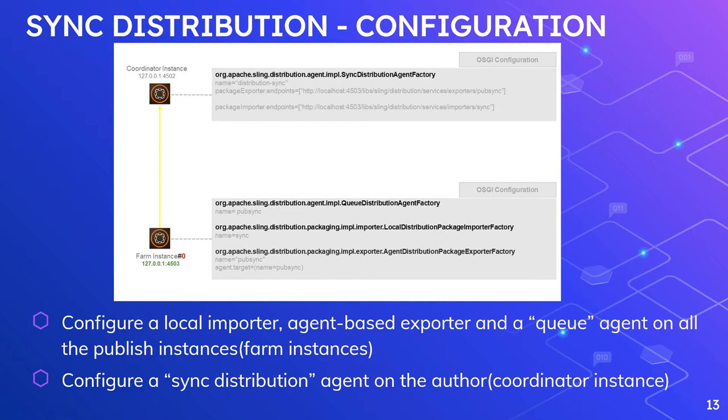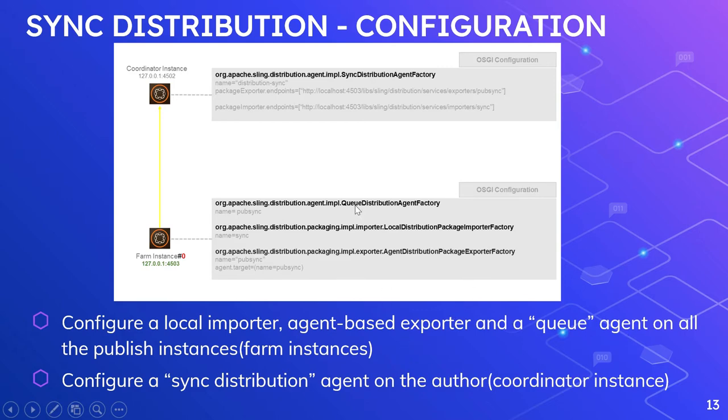Then we should be configuring an agent based exporter to export the local changes to the agent queue. Then we should be configuring a queue agent. This is the one that will store the data that the author should be pulling. So author will pull the data from this queue.